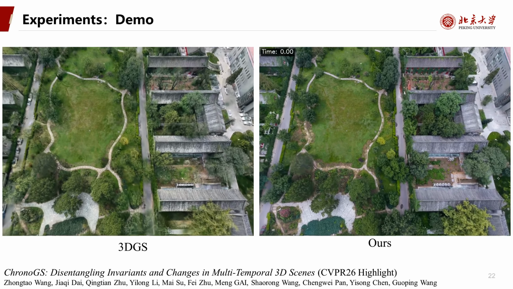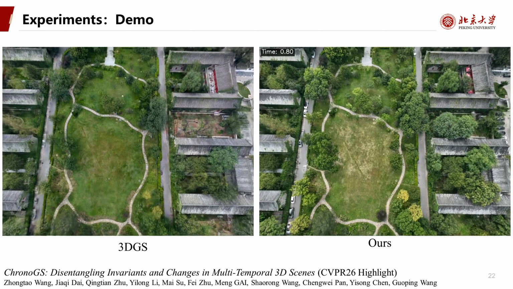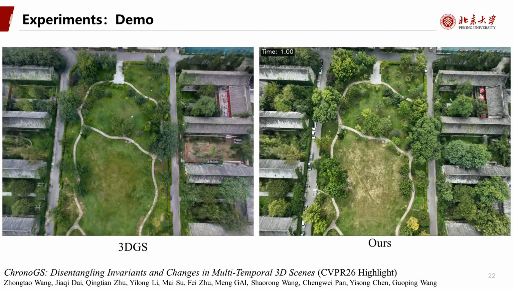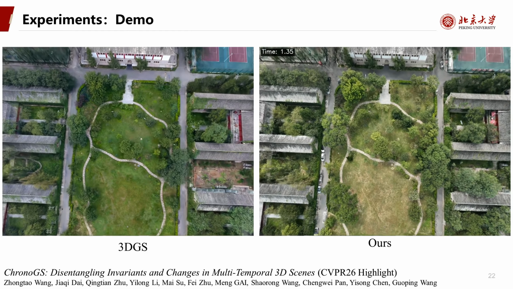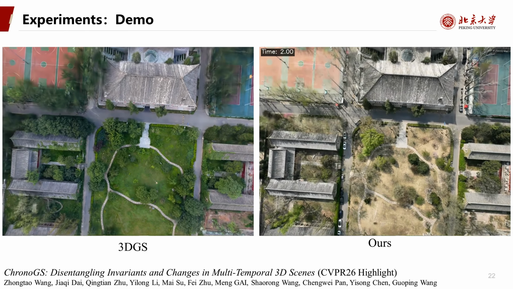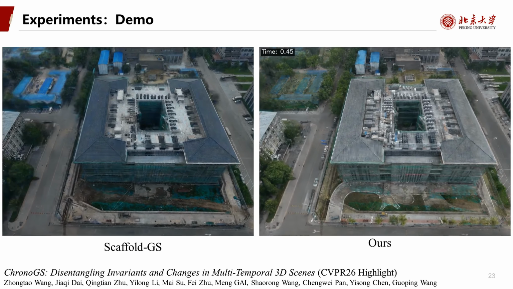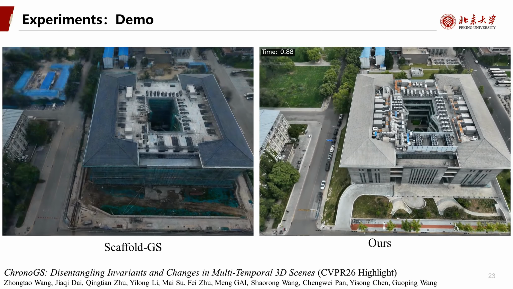Here is a video comparison against vanilla 3D Gaussian splatting. Ours, on the right, is markedly cleaner. Compared with ScaffoldGS, our reconstruction preserves details across periods that the baseline averages away.